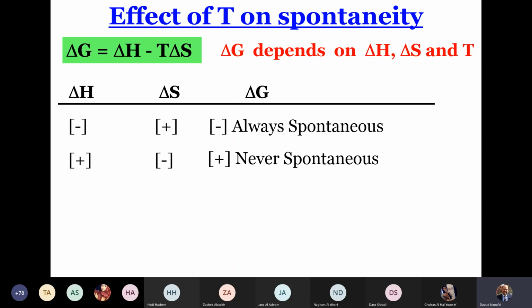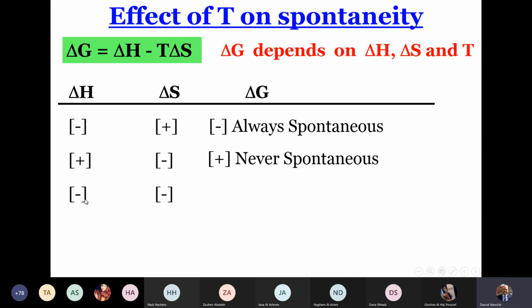As a conclusion, if you have an endothermic reaction with an increase of order from reactants to products, this transformation is non-spontaneous, independent of the value of temperature.